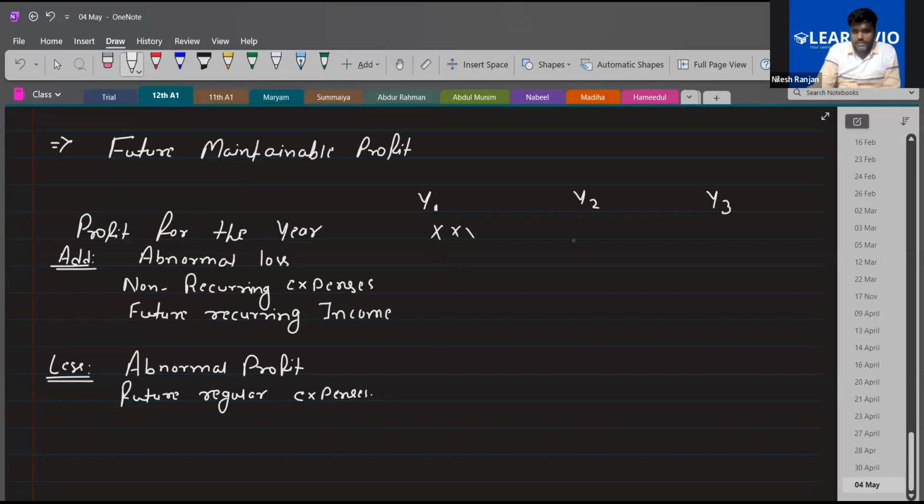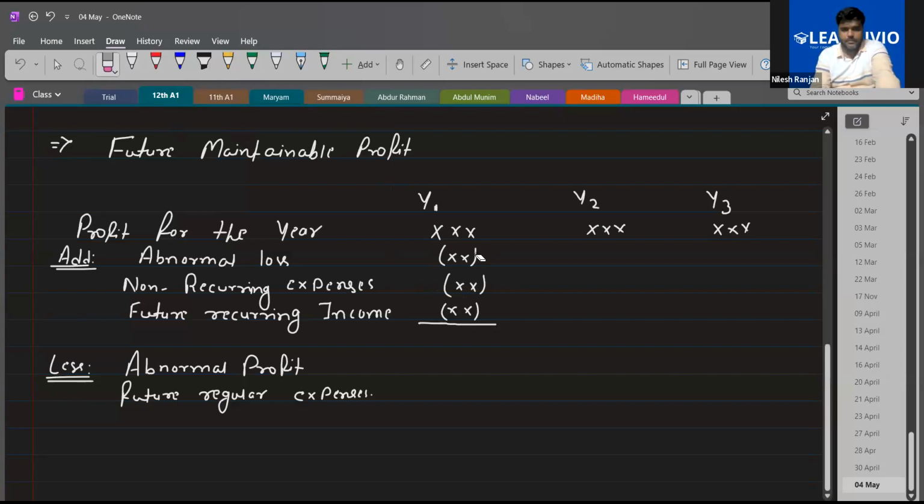After writing all these, it is not necessary that all the impact will be given for all years. Sorry, these three will be added, not deducted.